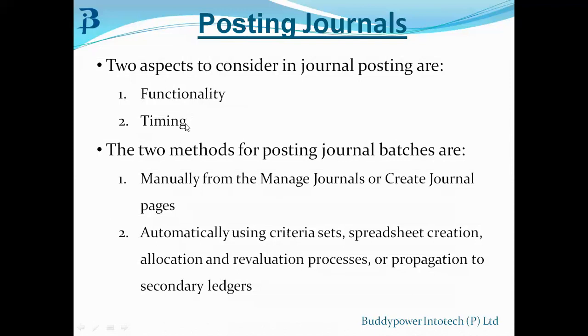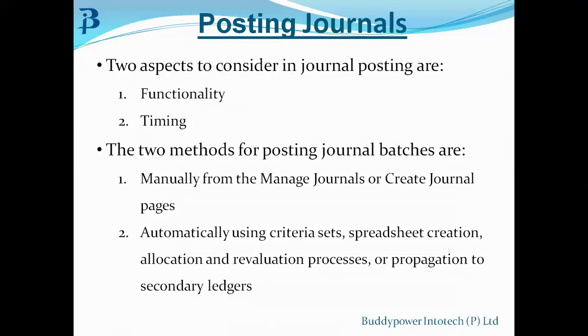Okay, fine, sir. So there are basically two methods for posting journal batches. The first is done manually from the manage journals or create journal pages, and the second is automatically using criteria sets. So let's look into the first method, which is manual. From the journal page, you click the post button during the creation process.